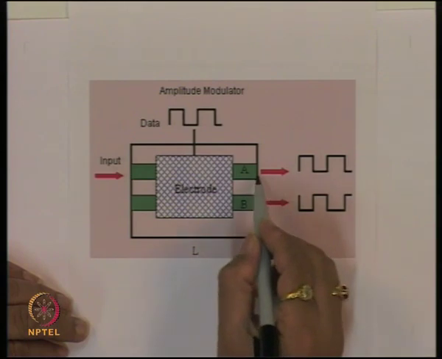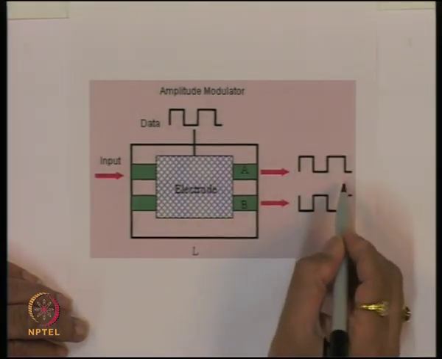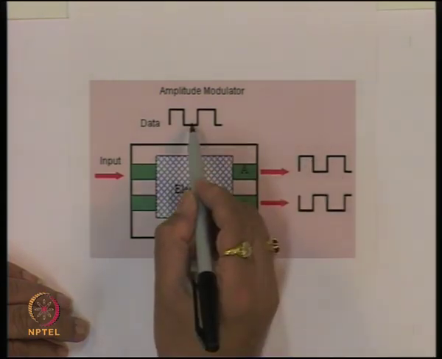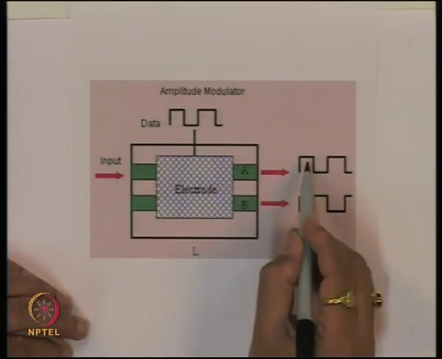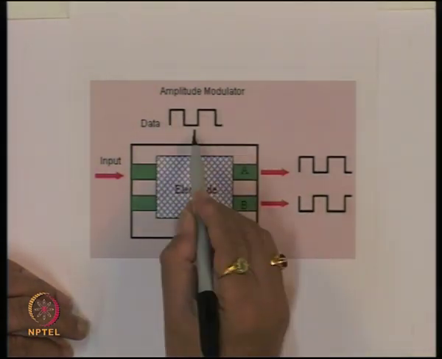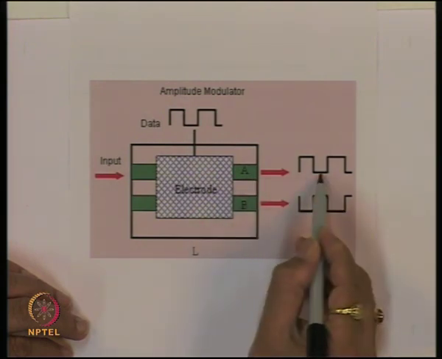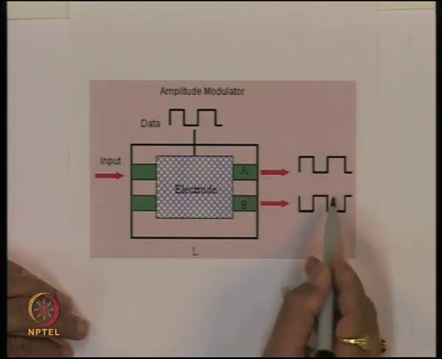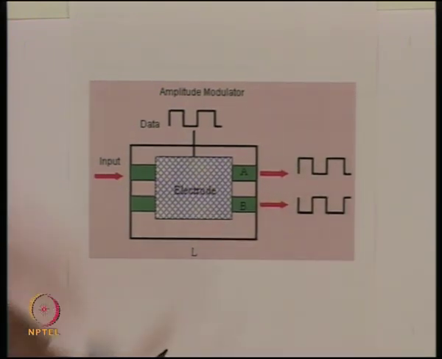So, if we monitor the output only from one of the ports, in fact, it will have the variation in intensity exactly same as this data. So, when this is 1, you have light connected here, when this is 0, light is connected here, so no light is connected here, so this is 0. And on the other port, you will get the complement of it. So, when this is 1, this is 0, when this is 0, this is 1.